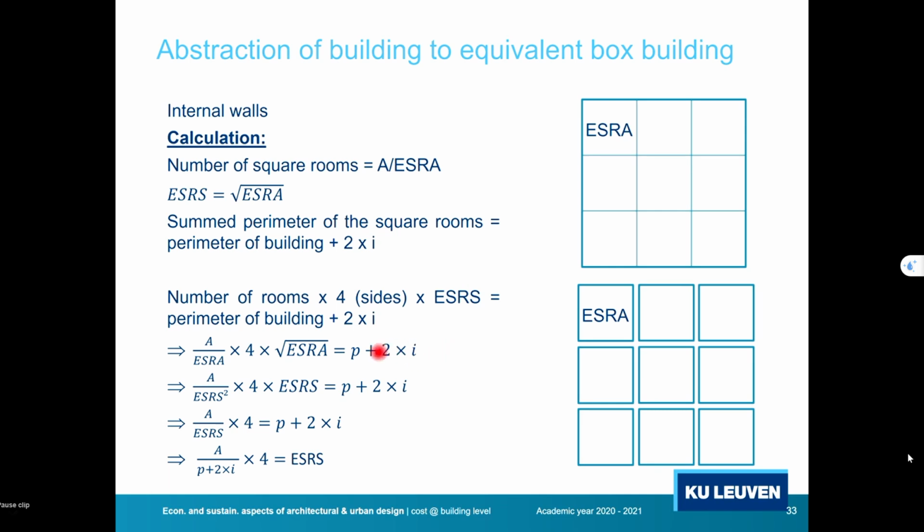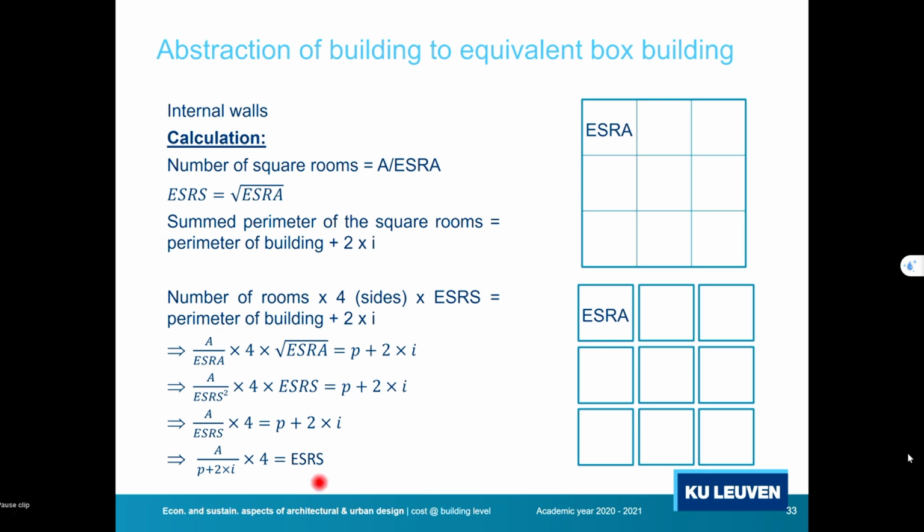I hence have one formula with only one unknown parameter, and it's the area of the rectangular room, or the square rooms. So I can further solve the equation, and then I come up with this equation.